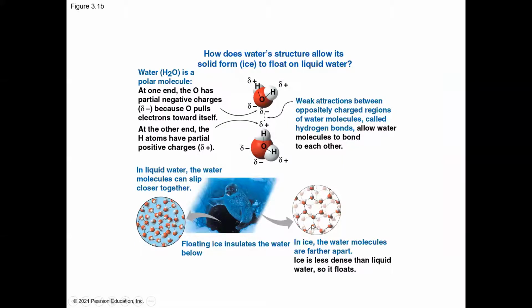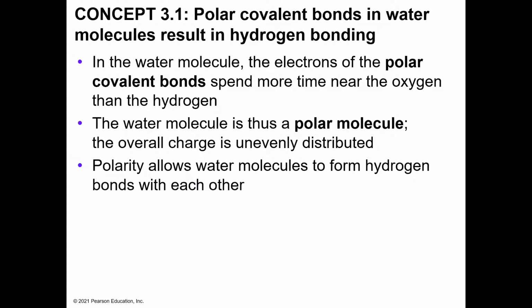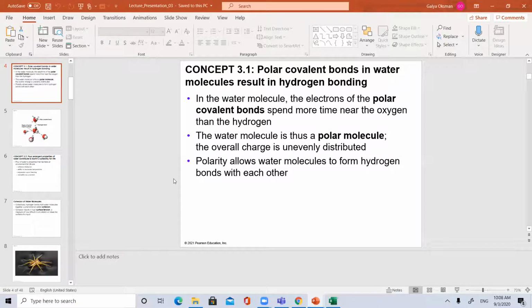In ice, these bonds contribute to a 3D structure, but the molecules in ice are farther apart than in the liquid. So surprisingly, being a solid rather than a liquid, ice can float. Yes?